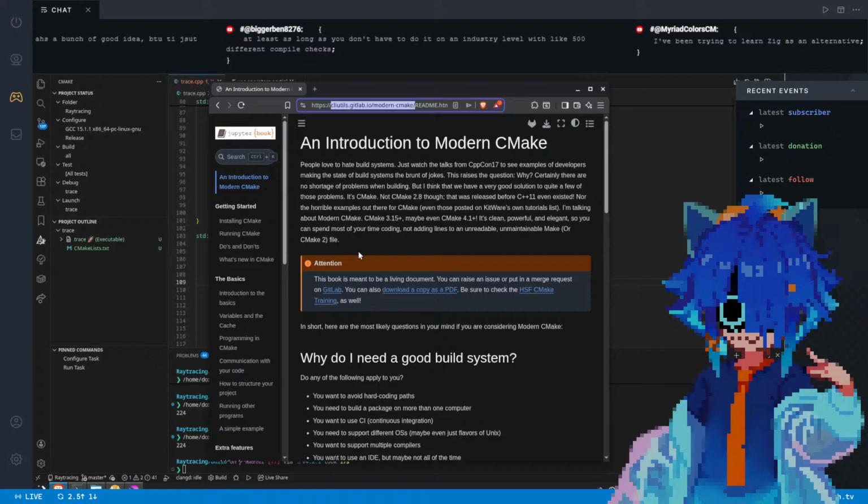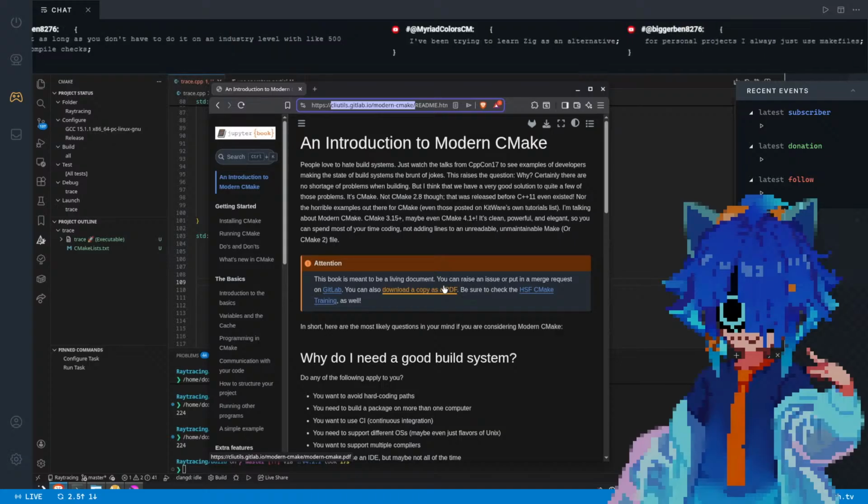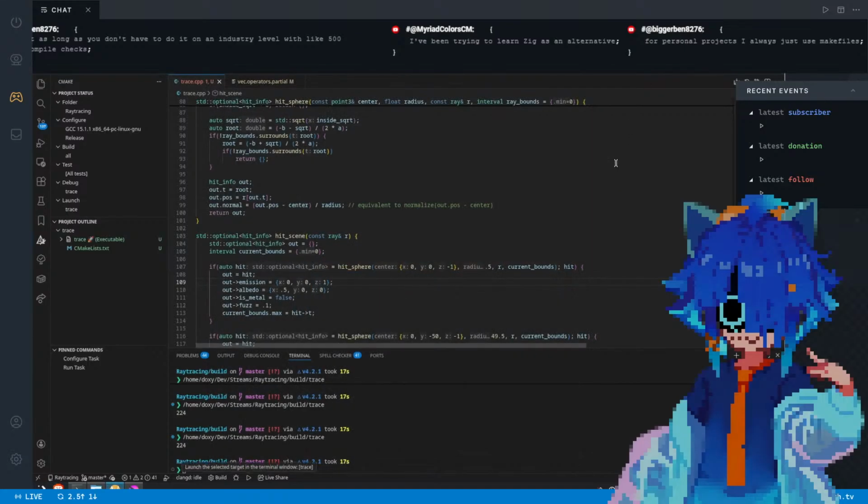The GitLab Modern CMake. Oh, I guess it's a PDF. So we're gonna call it a book. That explains a lot of nice, decent CMake practices. And if you read through this, a lot of the really confusing stuff will make sense. And I think CMake will be better for you after that.